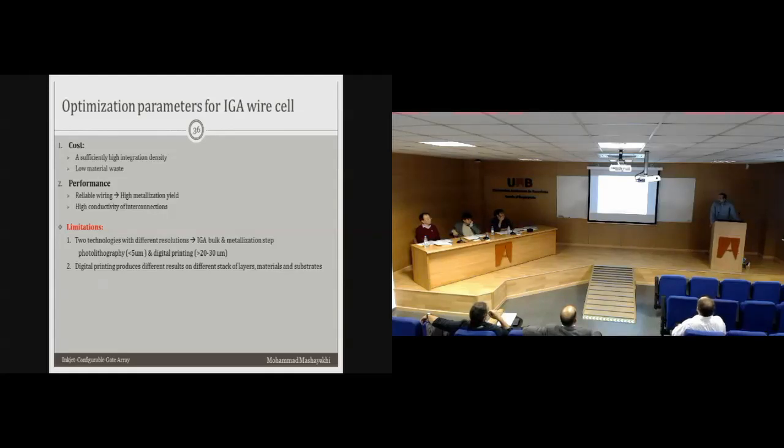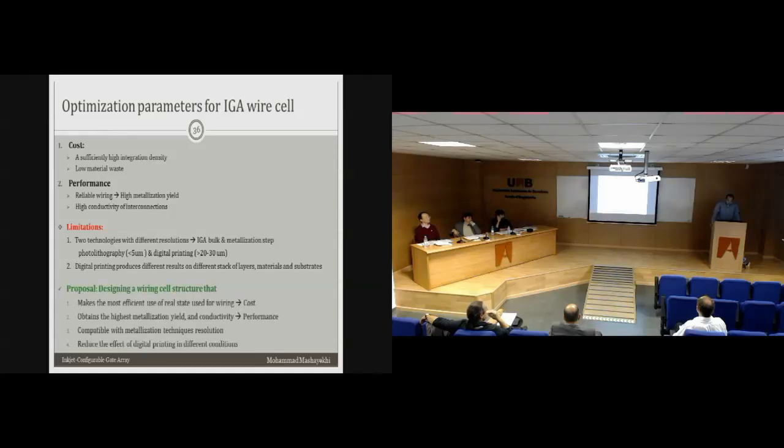However, digital printing in the best alignment condition and the best conditions can provide around 20, 30 or even more micron feature sizes. And the other limitation is that digital printing produces different results on different stacks of layers, different substrates, different conditions and materials. And this is undesired for a robust and promising metallization.